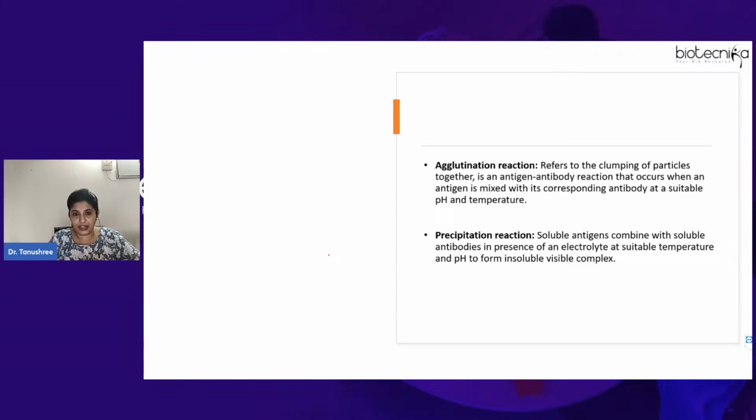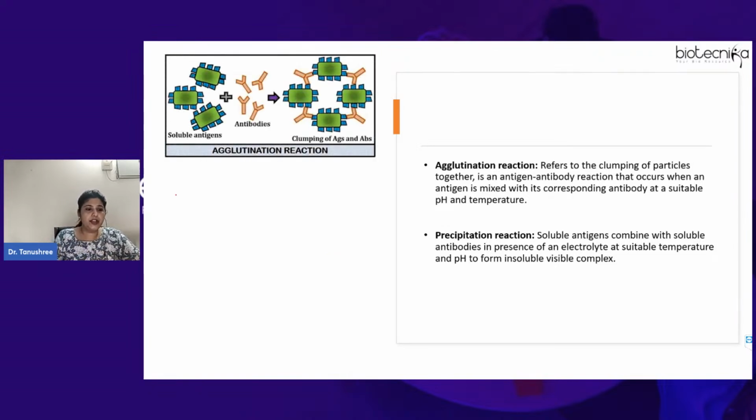Now, the agglutination reaction is what? In this figure, you can see that immunoassay is where you are using an antibody. Immuno refers to the antibody which you are using to detect a particular antigen.